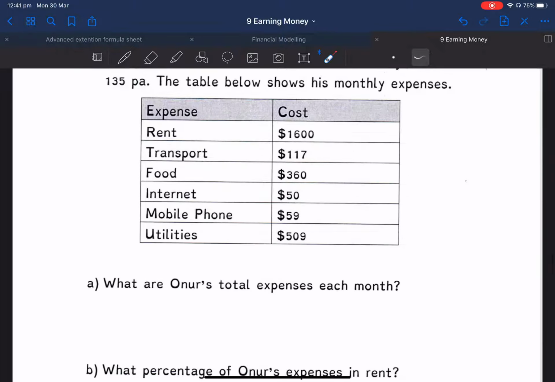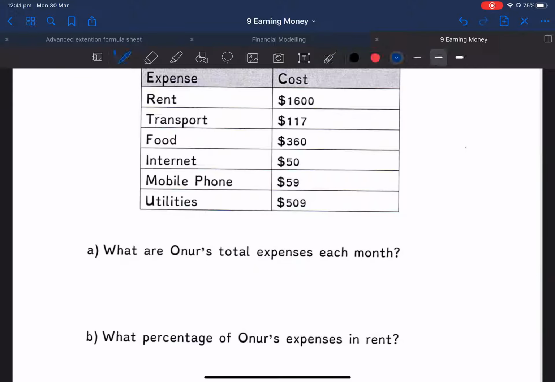Okay. So we're going to go through these questions. So part A is asking, what is Onu's total expenses each month? So our total is always going to mean add up all of your options. And our expenses are just this list right here. So our total is just going to be what we get when we add each of those options together.